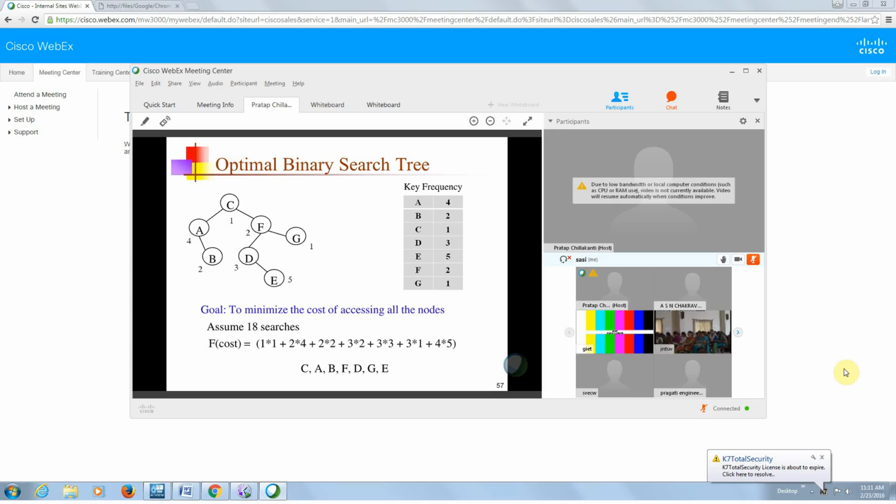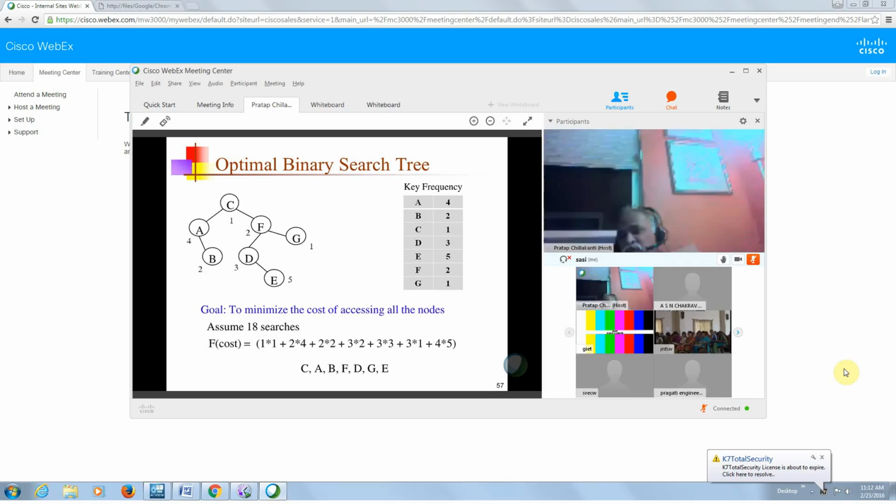So here the keys are A, B, C, D, and it says the frequency of accessing A is some value, C is 1, and so on. So there is a table given to you saying these are the searches that I do most frequently, and this is the frequency.